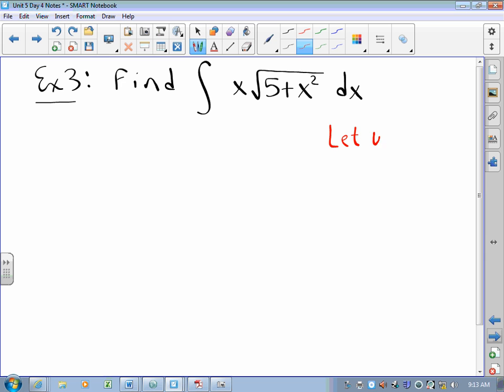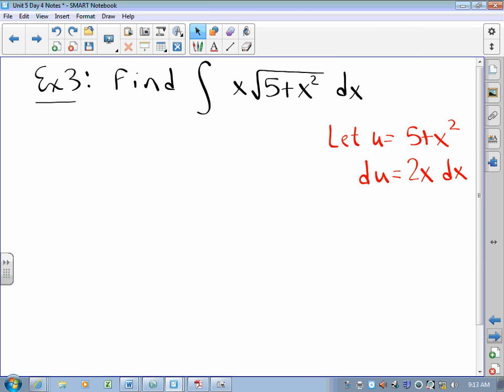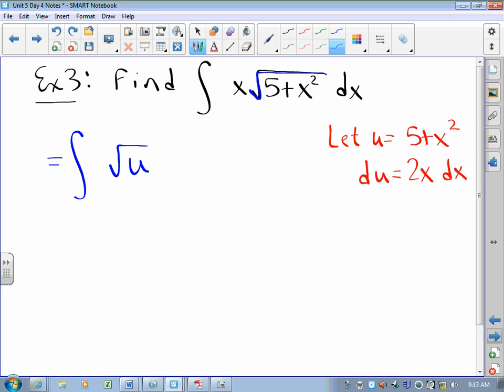We're going to let u be 5 plus x squared. Why? Because du is the derivative of 5 plus x squared. That's 2x dx. And so I'm thinking to myself, what have I got? The radical becomes radical u, and that's easy to integrate.